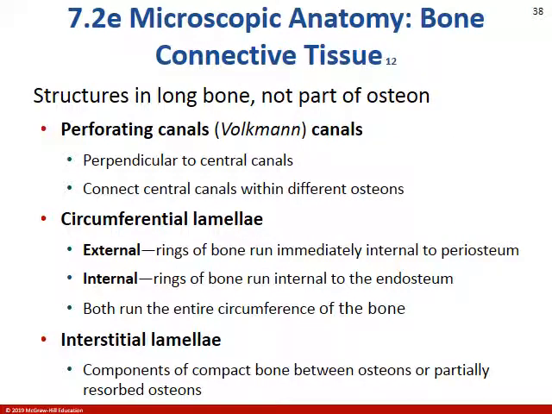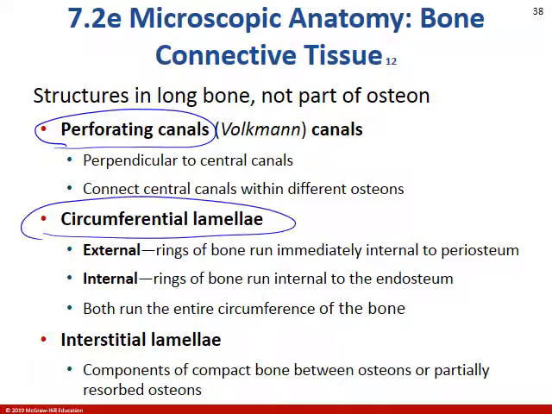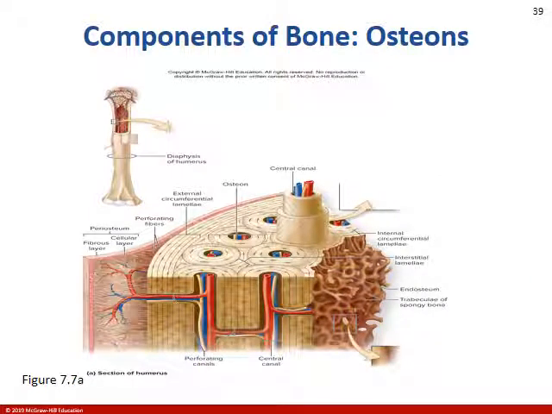And of course, nothing can be easy, right? Besides osteons and central canals, we have perforating canals, we have circumferential lamella, which is different than concentric lamella, and then we have interstitial lamella. Another image for us: here's our periosteum, and we have our perforating fibers attaching the periosteum to the bone.